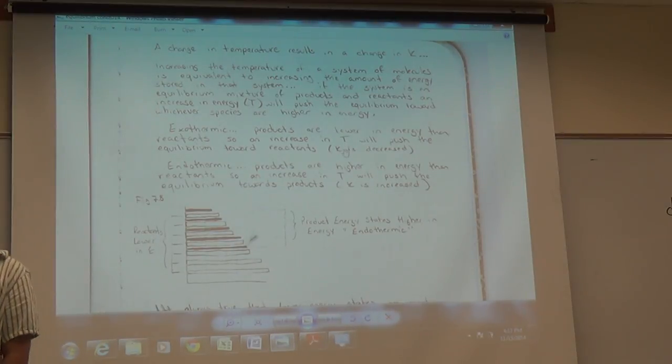And so the whole system acts to minimize the disturbance. So if heat is one of your products, you just increase the amount of heat, you drive it back towards reactants. If heat's one of your reactants and you increase the heat, you drive it towards products.